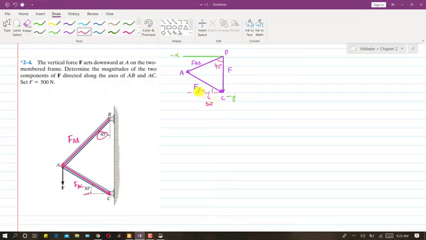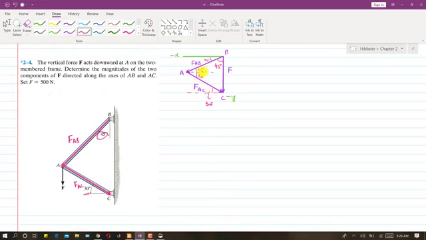If I draw a horizontal line here as well, and this is 45, then this is also 45 degrees, since this whole angle is 90 degrees. And if this is 30 degrees, this is also 30 degrees. These two angles are alternate angles, and these two angles are alternate angles.